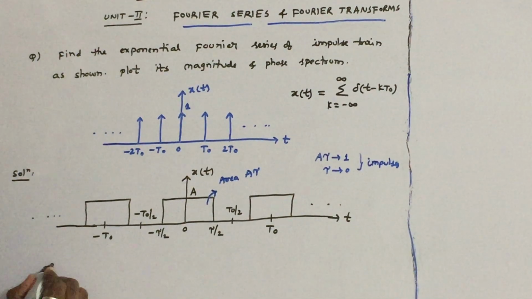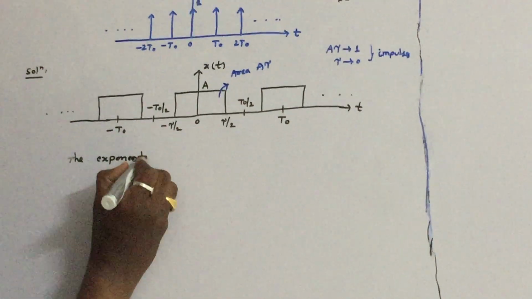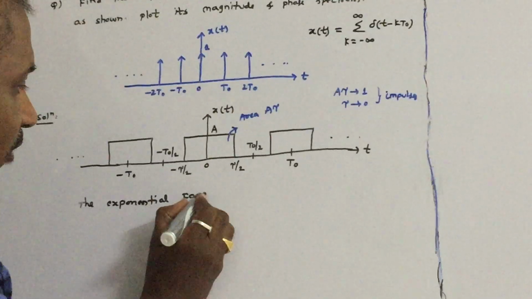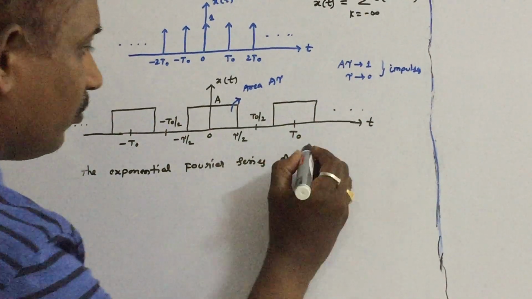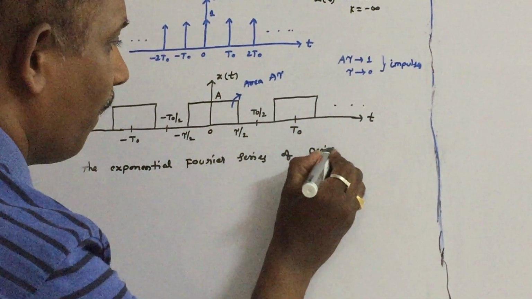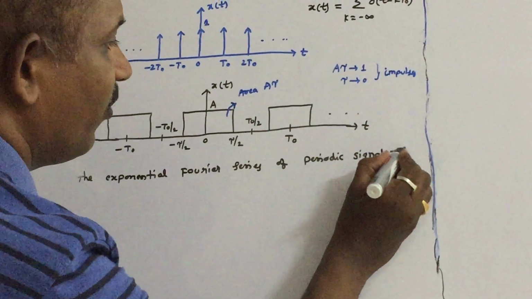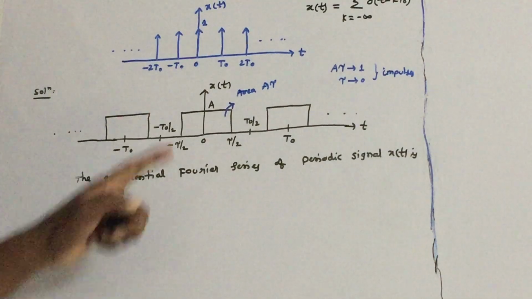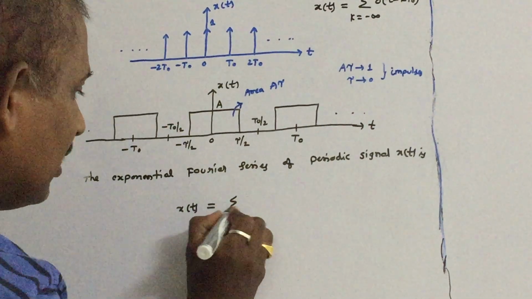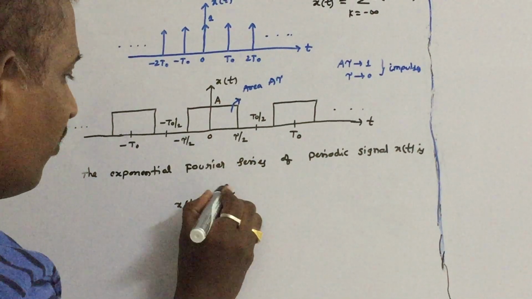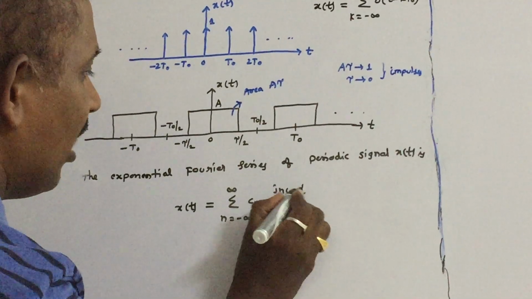So the exponential Fourier series of a periodic signal x of t. What is the exponential Fourier series formula? Very simple formula: summation n is equal to minus infinity to infinity Cn into e power j n omega 0 t.